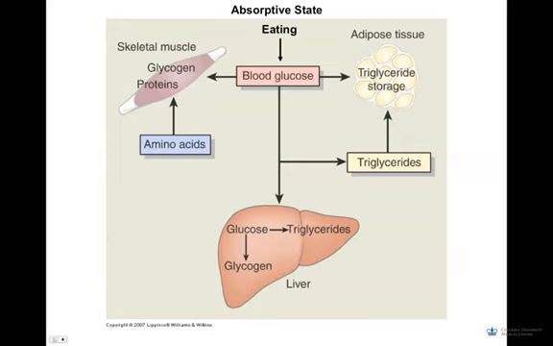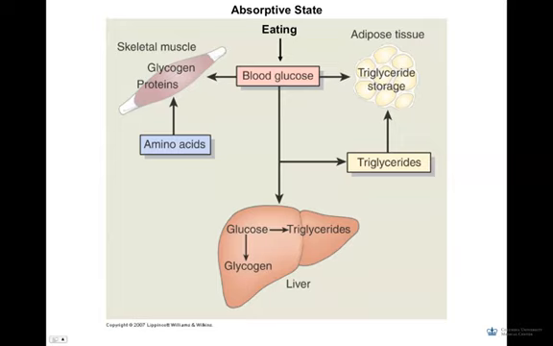So blood glucose and the amino acids that we are consuming and absorbing with our meal are taken up by skeletal muscle. The amino acids are stored in the form of proteins, and the glucose that's taken up is stored in the form of intracellular glycogen stores. The liver takes up blood glucose and stores it primarily in the form of glycogen, but also in the form of triglycerides.